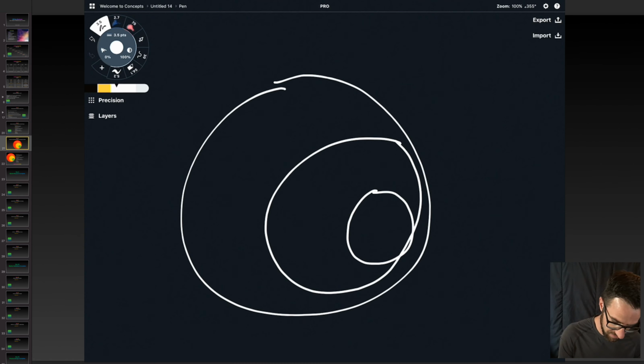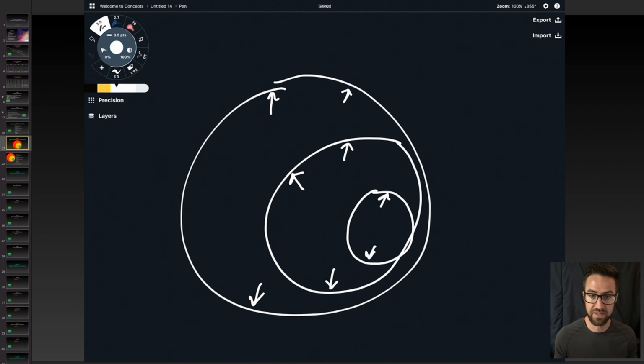This circle here is completely contained inside of this circle here. And the same with this small circle. It's completely contained inside of this circle here, and it's also completely contained inside of this circle here. It's a member of it.